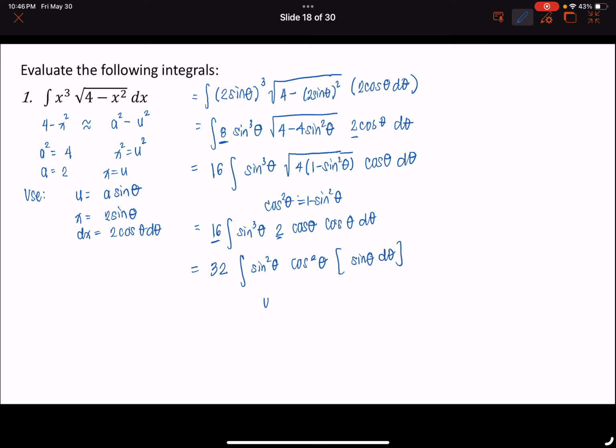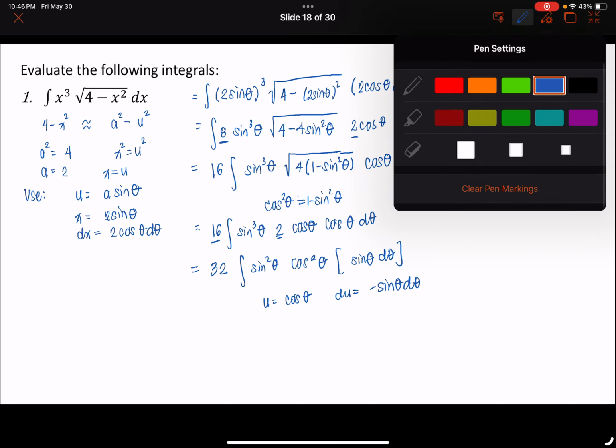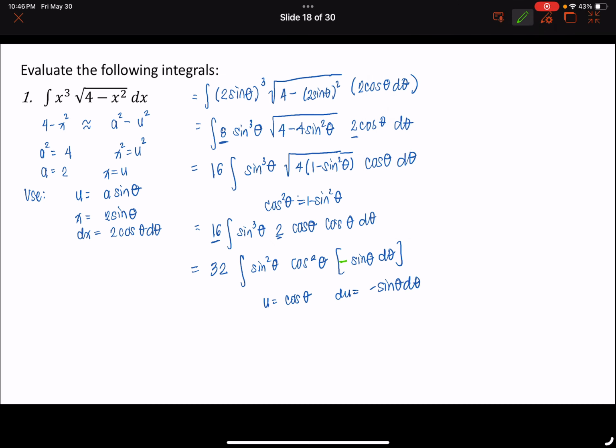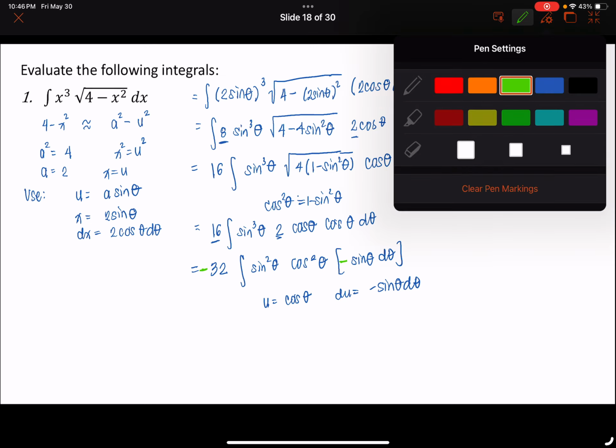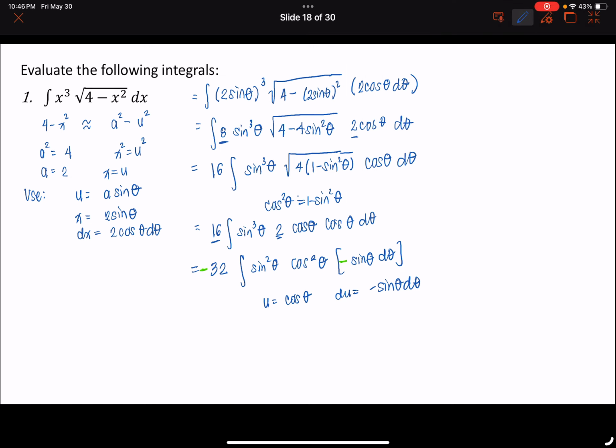We set our u to be equal to cosine theta such that our du would be negative sine theta d theta. So take note that we should be having negative sine theta d theta. So we multiply it by negative 1 and multiply it again by negative 1 so that we will not be changing the problem.